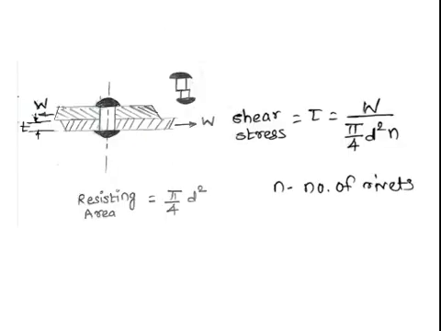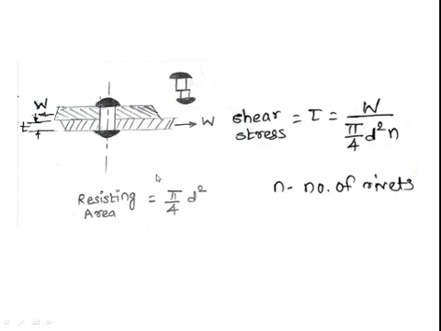Now, in the next case, suppose we are joining two plates with the help of rivets, and those plates are subjected to a tensile force. The shear stress on the rivet will act on its cross-sectional area.